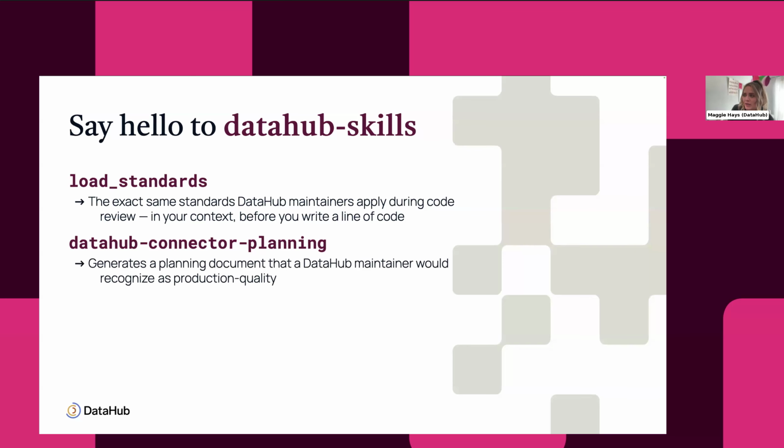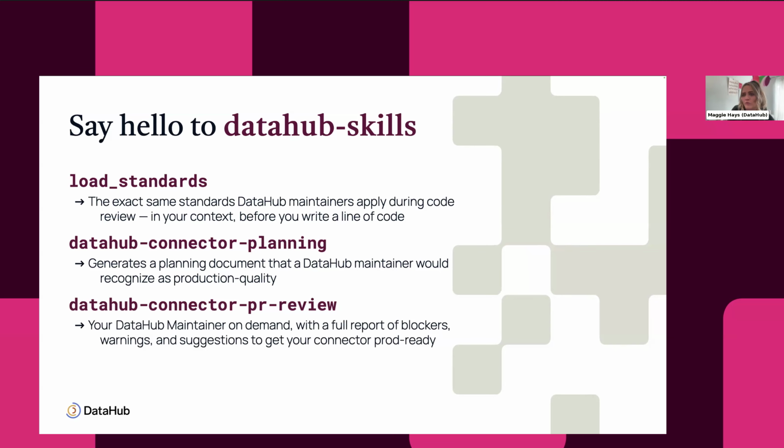The DataHub connector planning skill is going to be leveraging those standards, but also doing more of the ecosystem research, the initial metadata mapping, and planning around the testing and documentation strategy. And then once you have those code artifacts ready to go, we will also have our DataHub connector PR review.